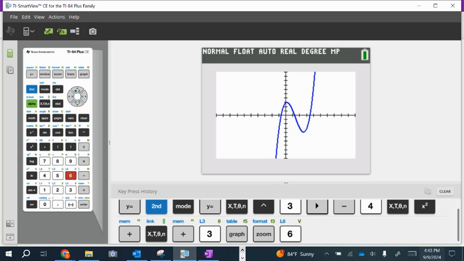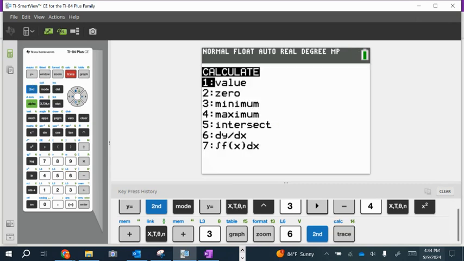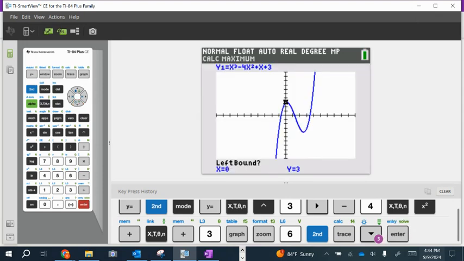Now I'm going to let my calculator approximate this for me. The way I'm going to do that is hit second, then calc, which is above the trace button in blue, and I want to calculate a relative maximum. So that is option 4. I can take my cursor down and hit enter at 4, or I can just type in 4. Now I need to be to the left of where I think the maximum is.